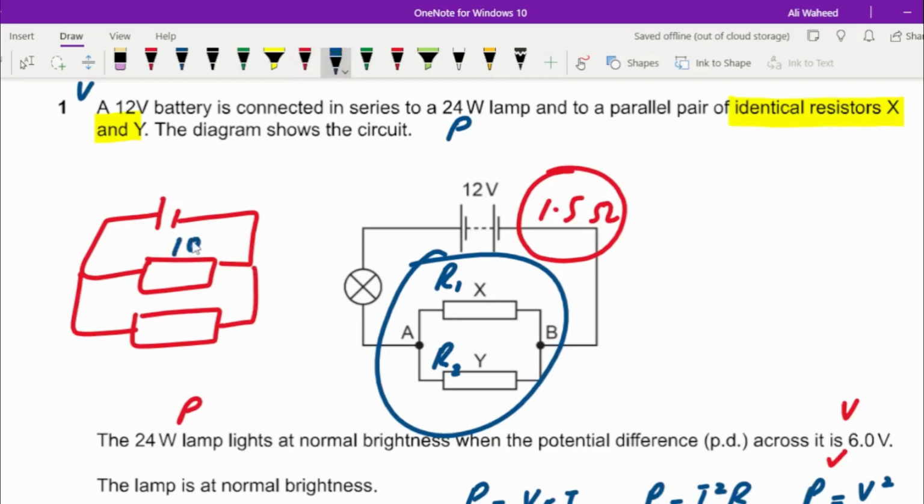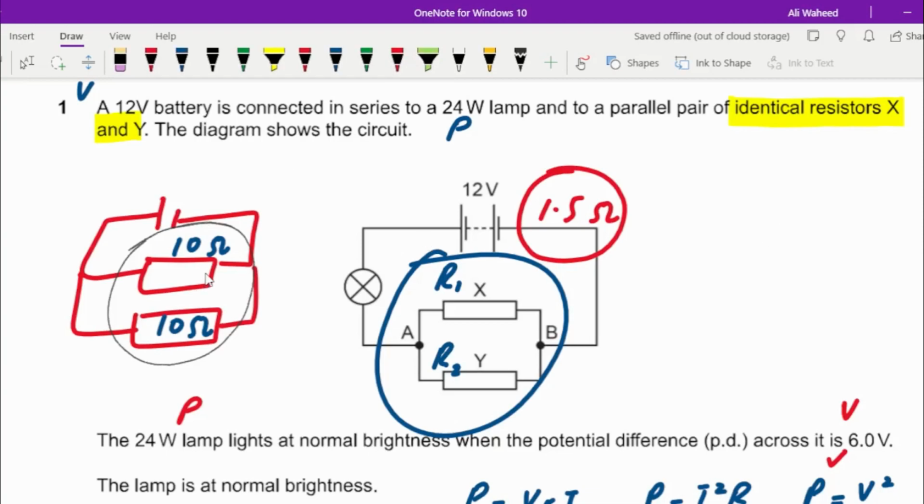The resistance of the first one is 10 ohm, and the second one is also 10 ohm. What is the total resistance of these two resistors once they are connected in parallel? The answer would be 5 ohm. The shortcut is, if two resistors are connected in parallel and have equal resistance, then the total resistance would be half of its value.